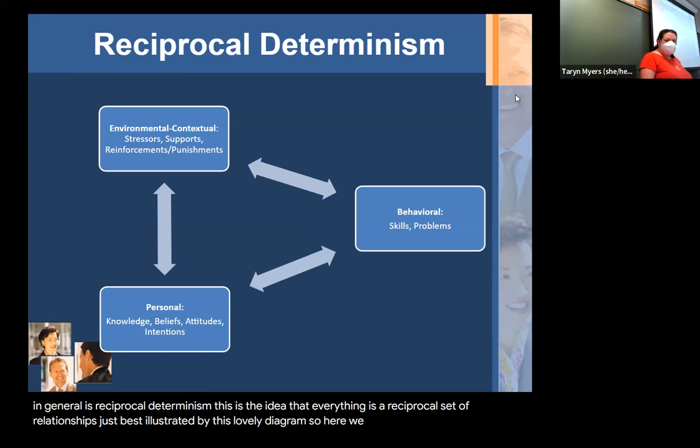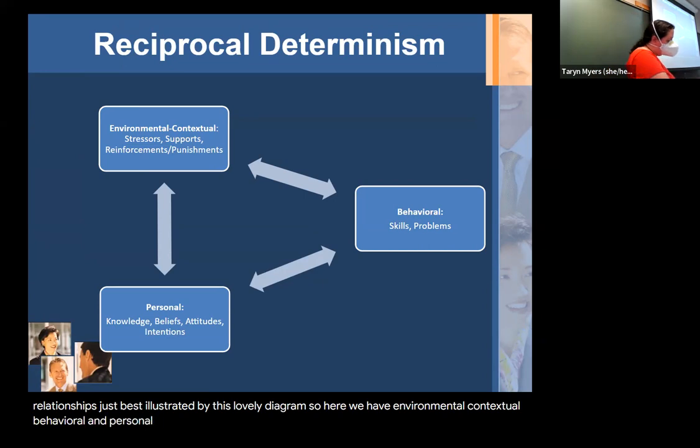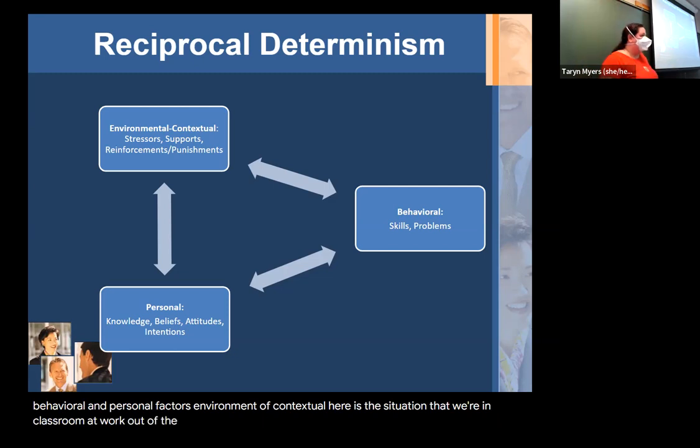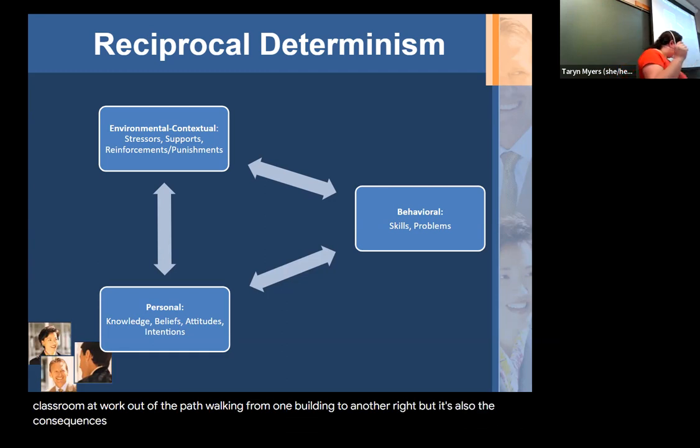Here we have environmental, contextual, behavioral, and personal factors. Environmental contextual is the situation that we're in, classroom, at work, out on the path walking from one building to another, right? But it's also the consequences of that situation.